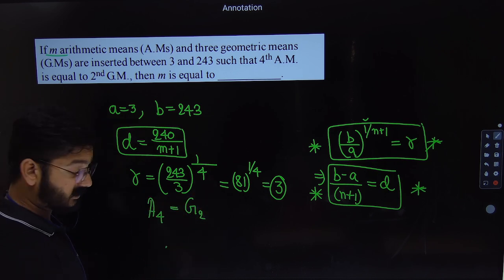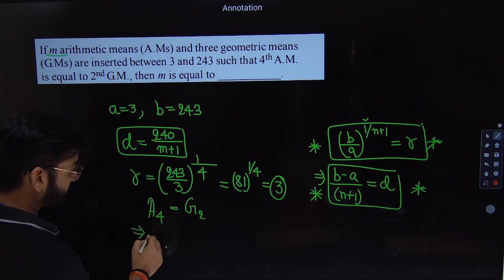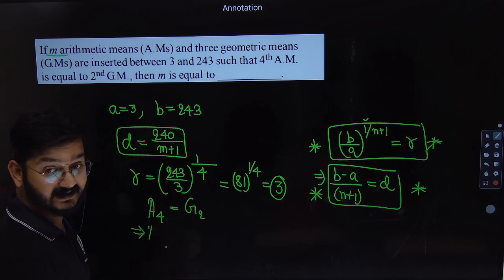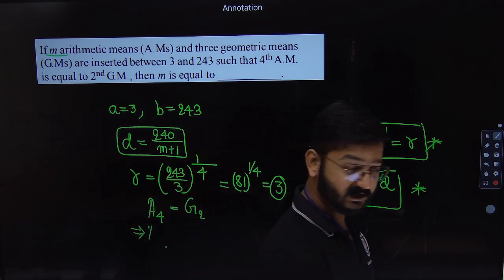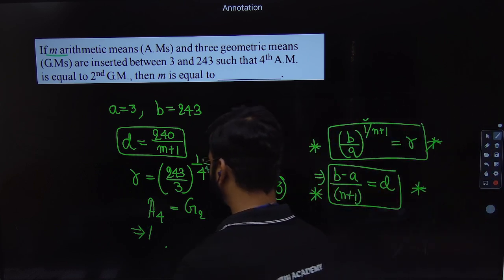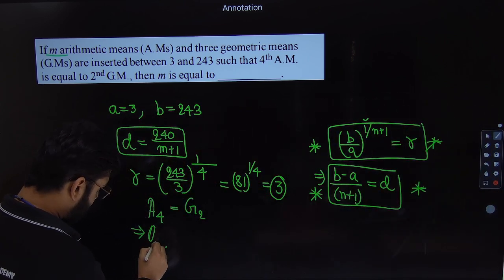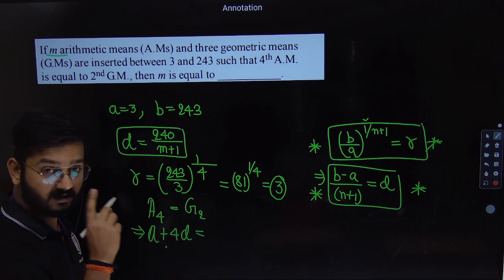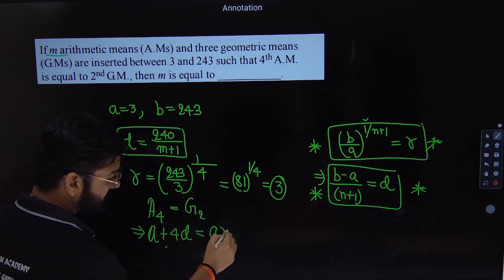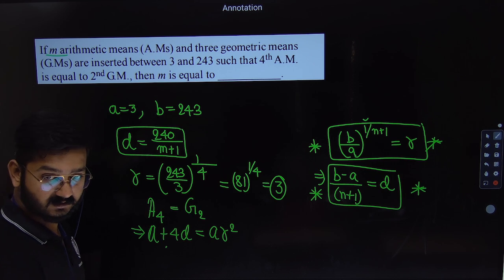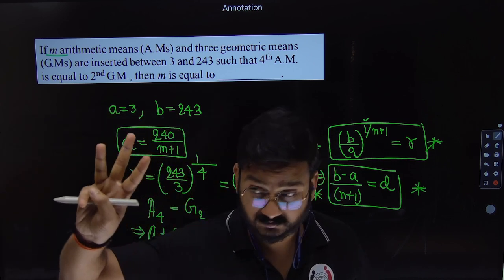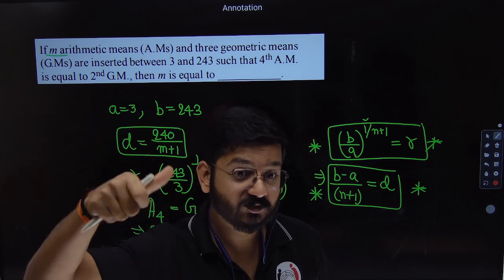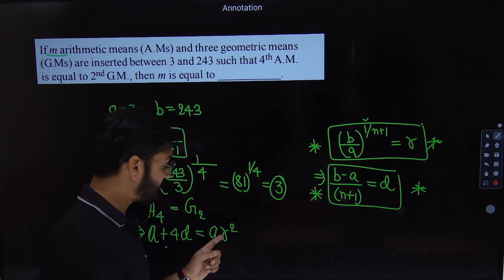If you check your notes, just now we discussed what will be the fourth AM: A plus nD, so A plus 4D. A plus 4D will be equal to G2, which is A R square, because G2 will be the third term: A into R to the power n minus 1, so 3 minus 1.